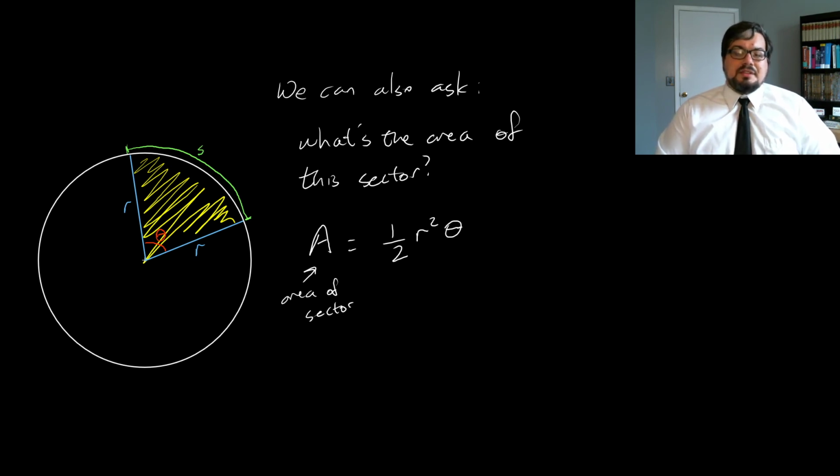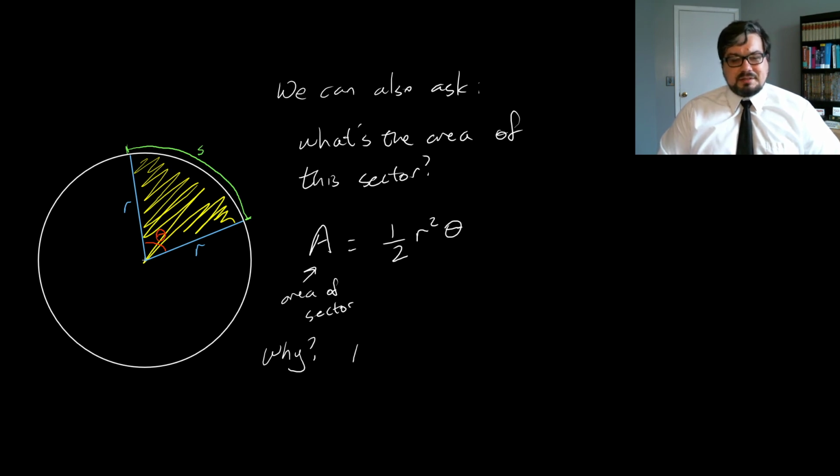Now, this r squared should remind you of the formula for the area of a circle. Remember that the area of a circle is pi times the radius squared, and that's actually what we're going to use to see why that is.